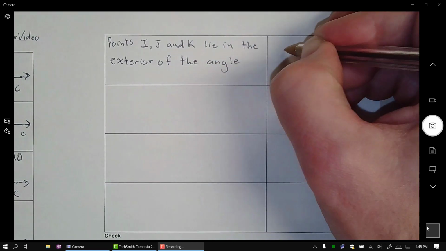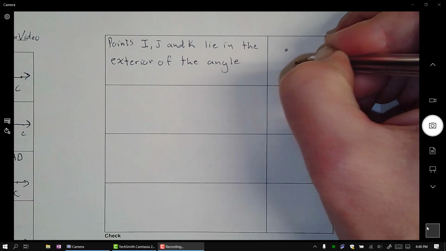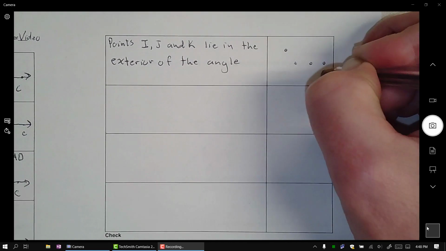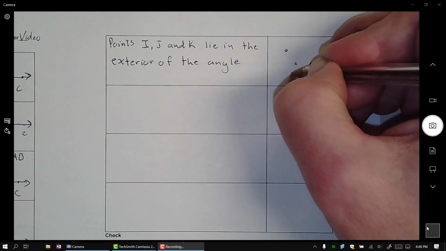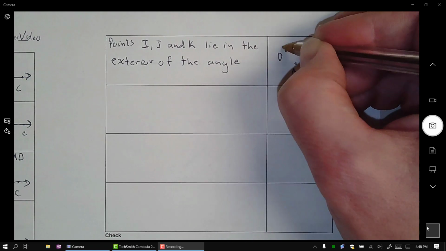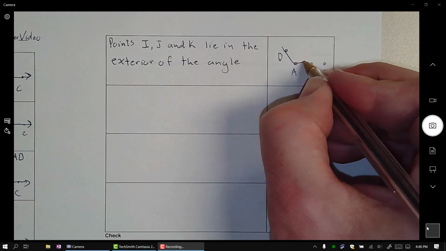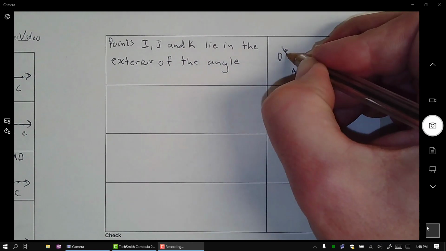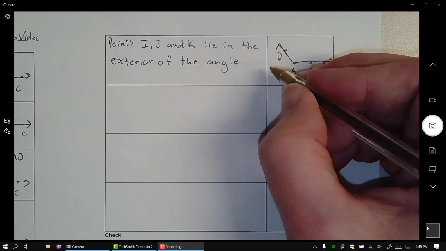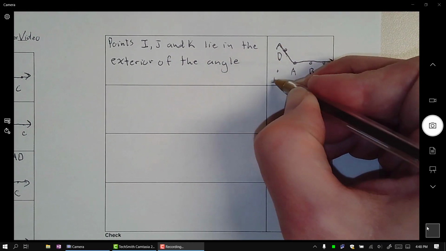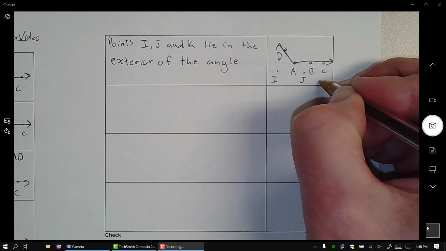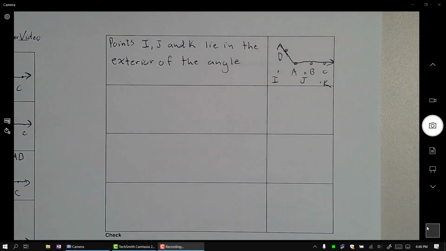So they lie outside the angle. So we have D, A, B, C. So this is our angle again. And then we have I, J, K. So those are points outside.